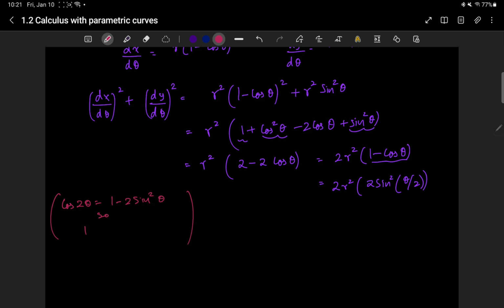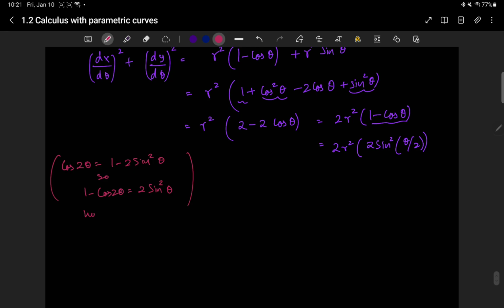So 1 minus cosine 2 theta is 2 sine squared theta. And here we have 1 minus cosine theta. So since I replaced 2 theta by theta, this theta will be replaced by theta over 2 because of the half relation. So all of this comes out to 4r squared sine squared theta over 2.